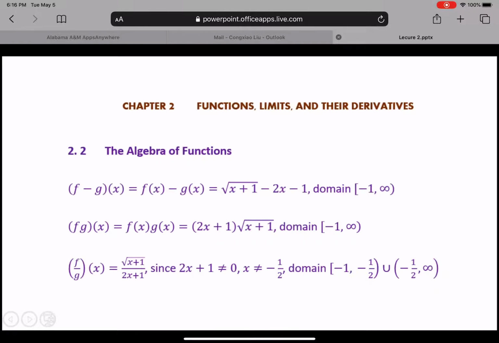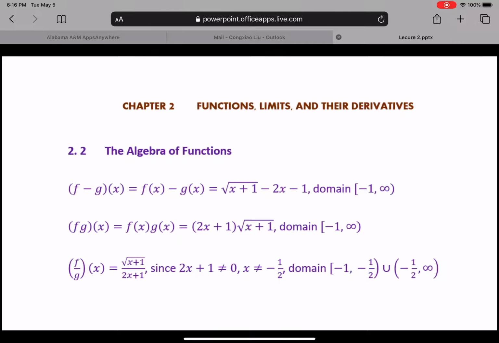We can also take the difference of two functions by subtracting f and g. In this case, we just change the plus sign to a minus sign, and we get the square root of x plus 1 minus 2x minus 1, and the domain is also the intersection of those two domains, which is again from -1 to infinity.